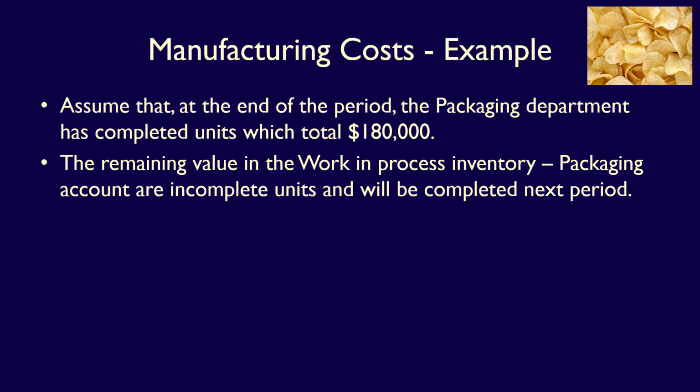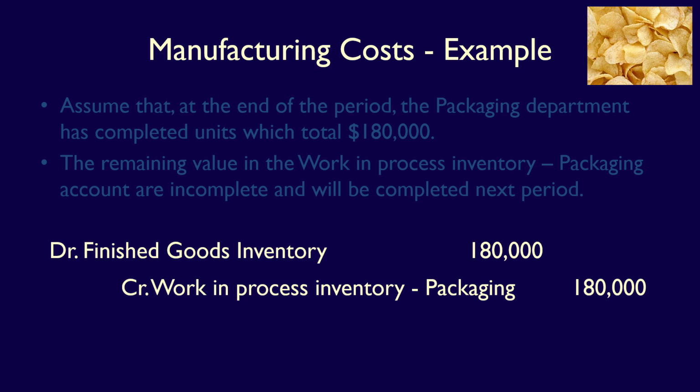Assume that at the end of the period, the packaging department has completed units which total $180,000. The remaining value in the work-in-process inventory packaging account are incomplete units and will be completed in the next period. Since the production process is complete, these products would be transferred to finished goods inventory by debiting that account for $180,000 and crediting work-in-process inventory packaging for the same amount.